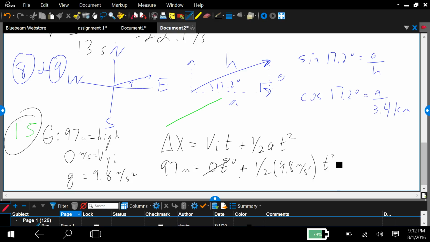And the time I don't know, but this is one equation and one unknown, and we can solve this, okay? So if we take that 97 meter height right there, and we move our 1/2 and 9.8 from the right-hand side to the left, find out the time squared is about 20, or 19.8.